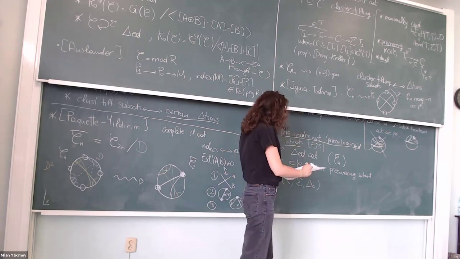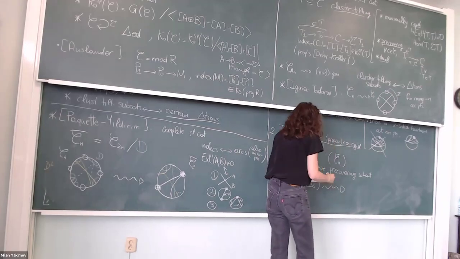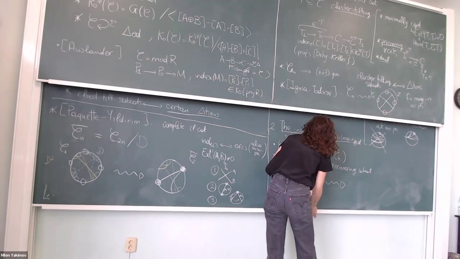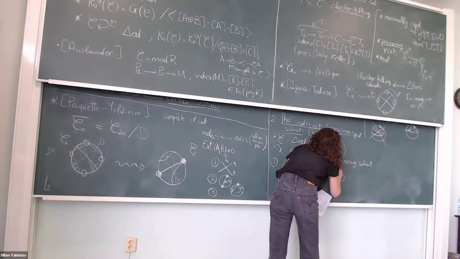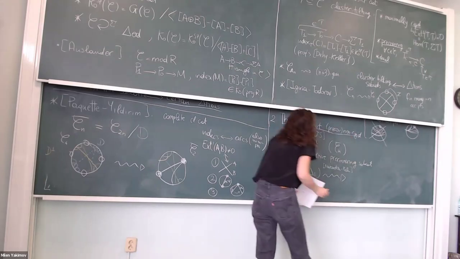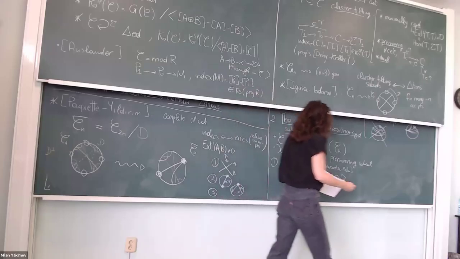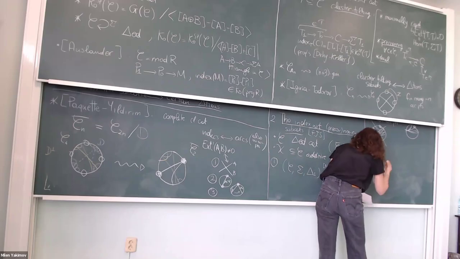And you can always see it as what is called an extriangulated category. And this is some work by Nakaoka and Palu. So extriangulated categories are way more general than just this.